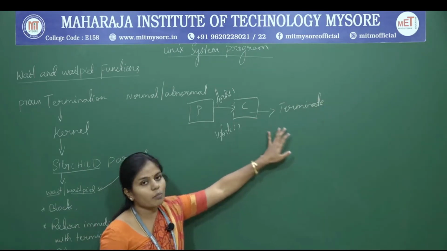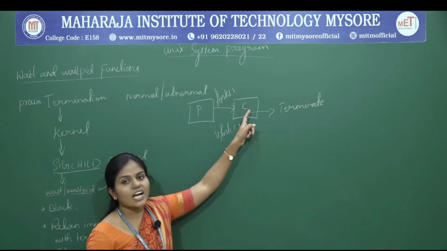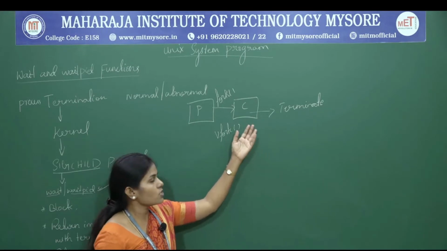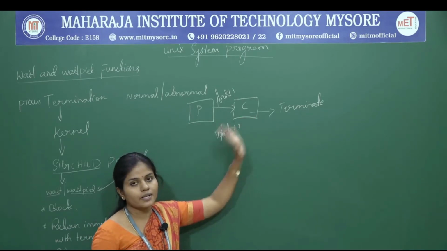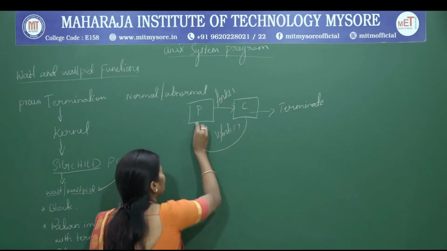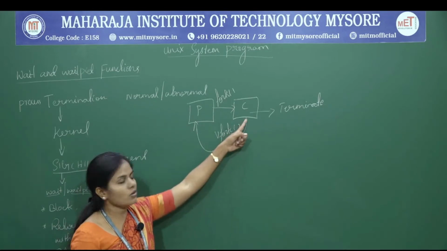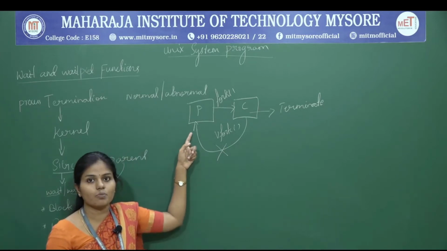This termination process is asynchronous, right? The child can terminate at any time, because of a signal or an interrupt. So it has to intimate the parent that it is going to terminate. If it does not inform the parent, then what does the parent do?